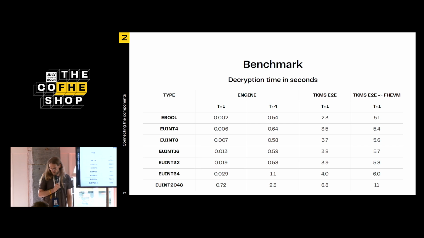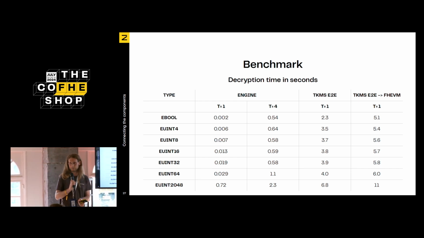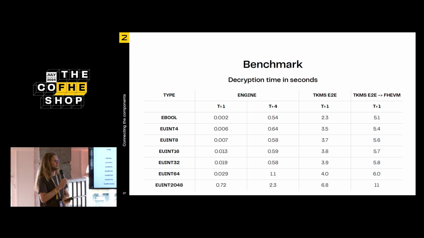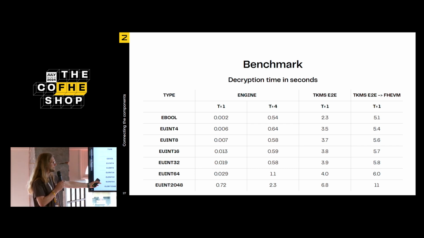All right, so we're still in the early stage of this, so I just wanted to give some idea of the efficiency we can expect from this. I brought some very, very preliminary numbers for the time it takes for the different types. Let me explain a bit more what it is here.